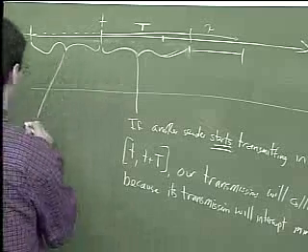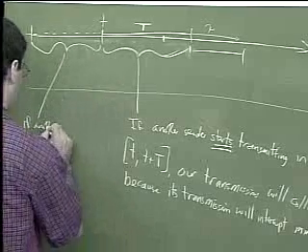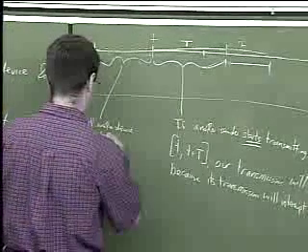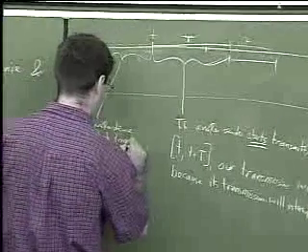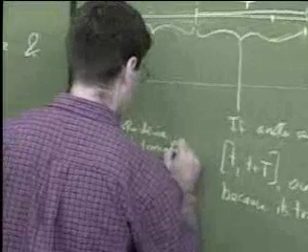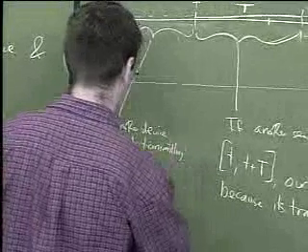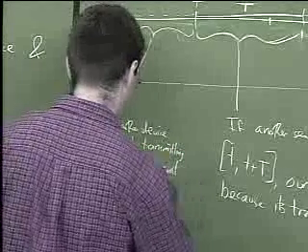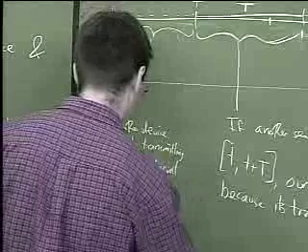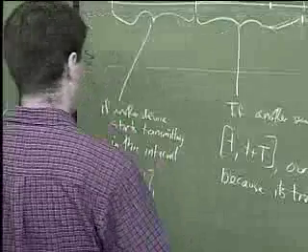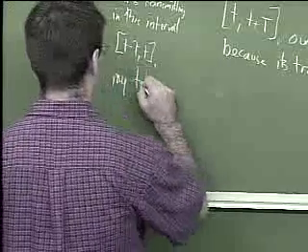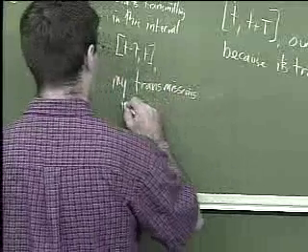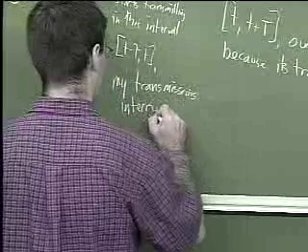If another device starts transmitting in this interval, which is t minus T, t, then my transmission interrupts its transmission.